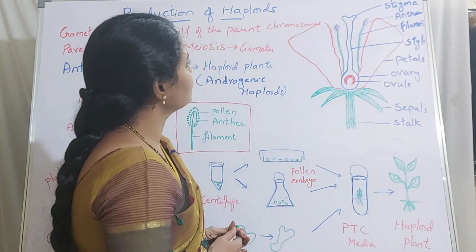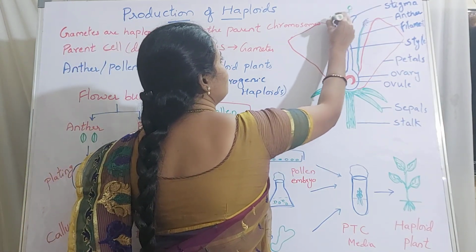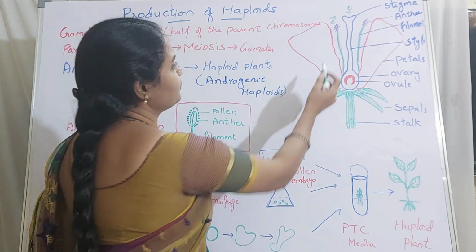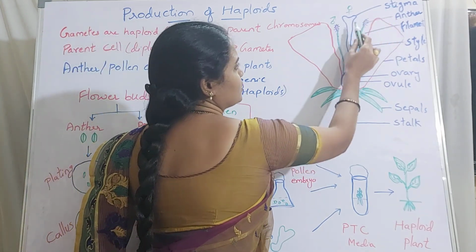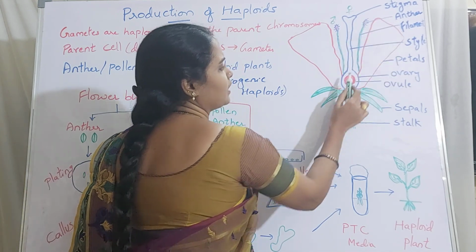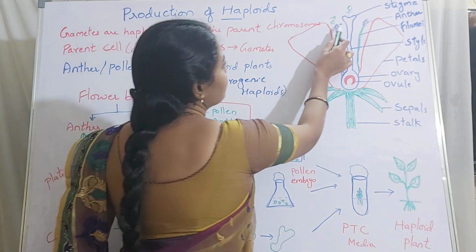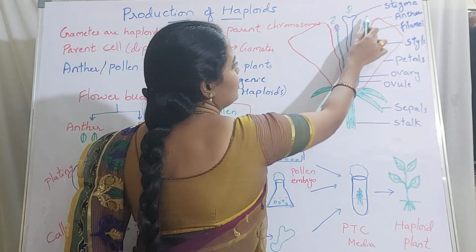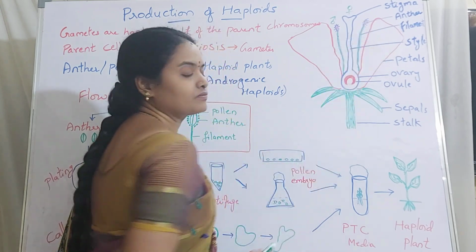So this is the female and this is the male, right? In the female reproductive system you can see the stigma, style and ovary with ovule, whereas in the male you can see only the filament and the anther with pollen grains.